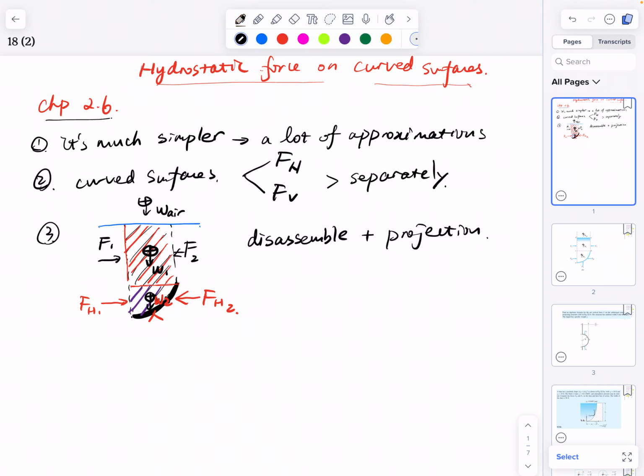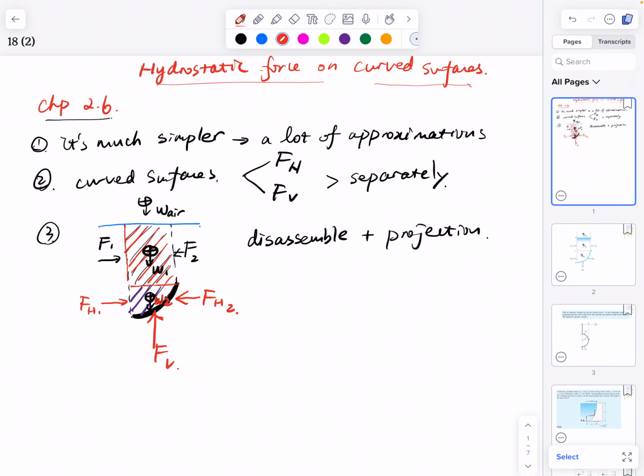We call it FV here. Okay, so through this disassembly, we basically can divide it into two pieces, considering 3 different weights and 5 different forces. Through free body diagram analysis, they should balance with each other.